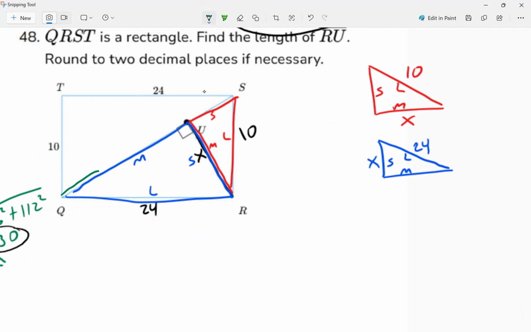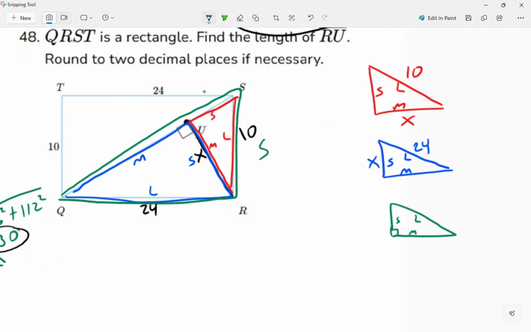And let me take a look at a green triangle here. I have to come up with the small, medium, and large. The small side is 10, the medium side is 24, and the large side is blank. But wait a minute.